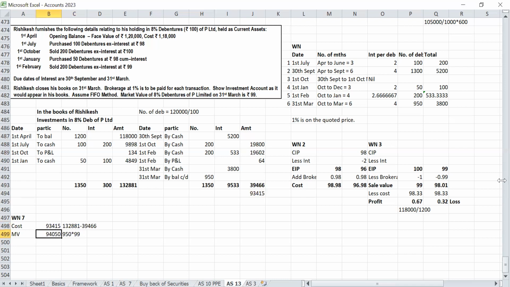Cost 93,415, market value 94. So whichever is less, 93 for cost, so a loss will not come. 93,415 closed. And on this date we should transfer to P&L the balancing figure of interest. Okay, sir. Interest balancing figure transfer.